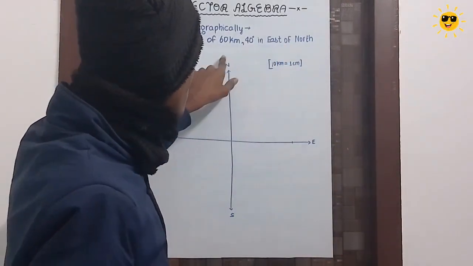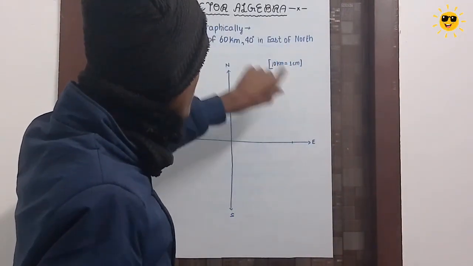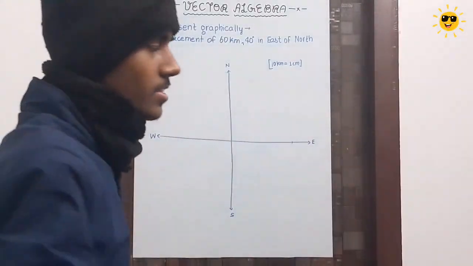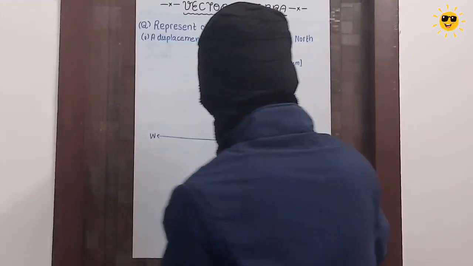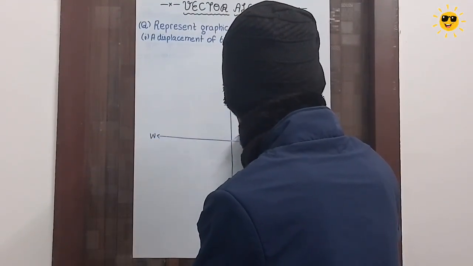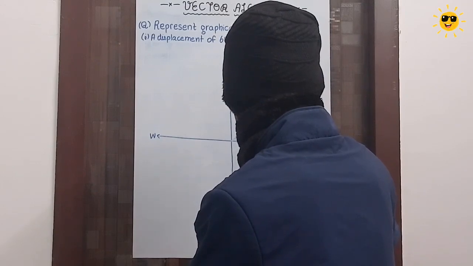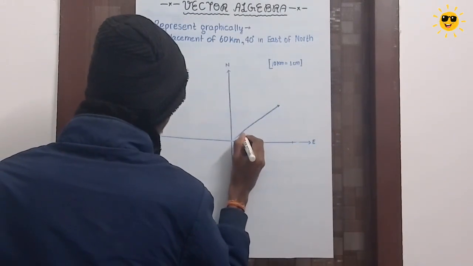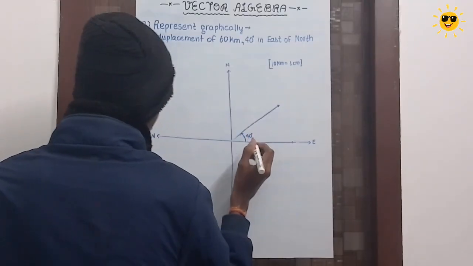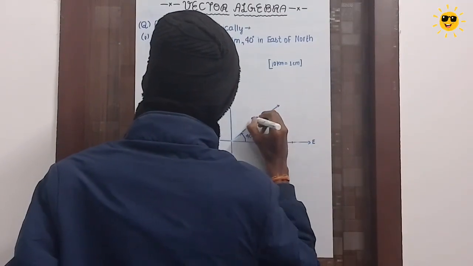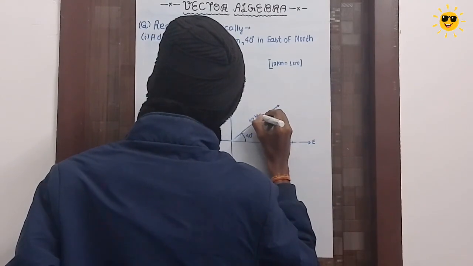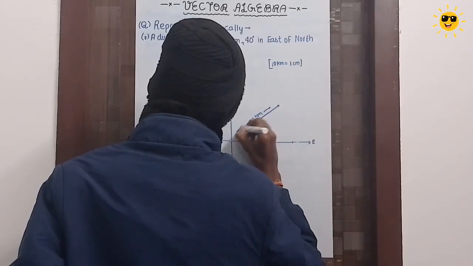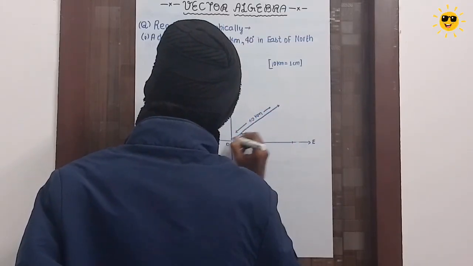East of north means northeast. In this quadrant, the vector will be drawn here. So from 40 degrees onwards, you draw the vector, and let's name it OM.